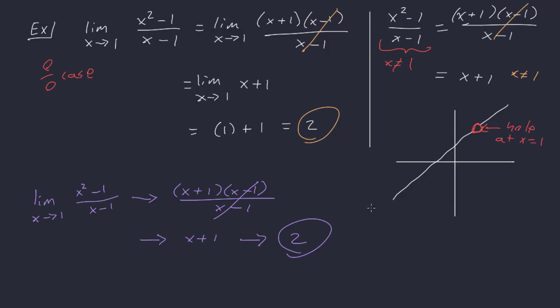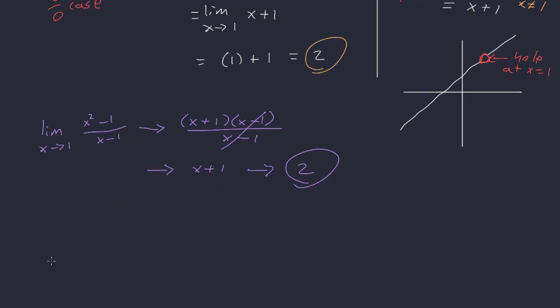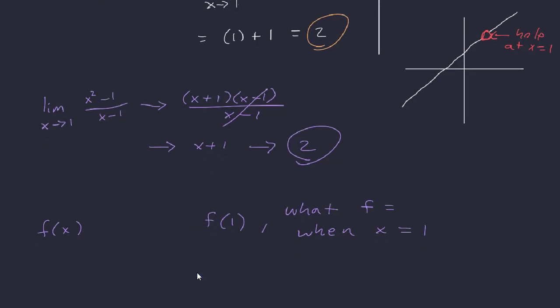Okay, so just always remember the big difference. This comes from the fact that when we're talking about f of x, say f of 1 tells us what f equals when x equals 1.